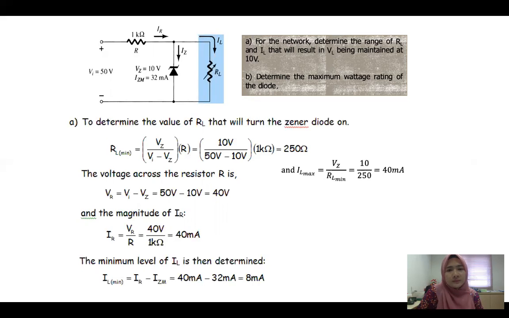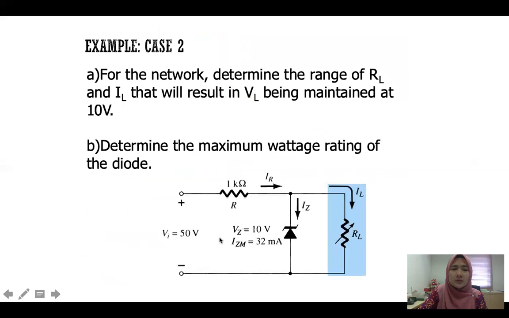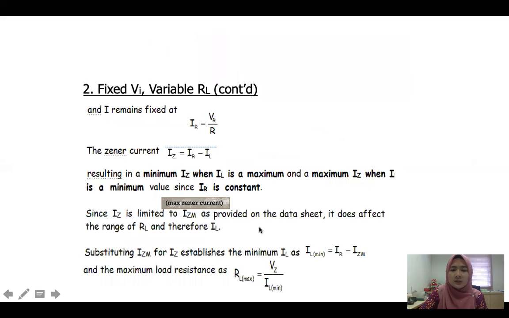The voltage across the resistor R is VR equals V in minus VZ, and the magnitude of IR is equal to 40 milliamp. IL min you can also calculate, equals IR minus IZM, equals 8 milliamp. The derivation of this you can refer to in this slide.